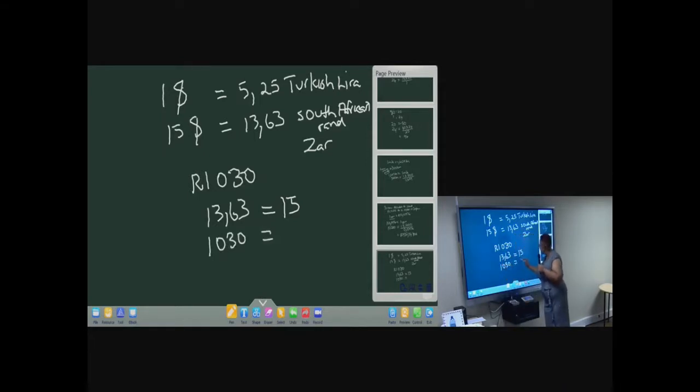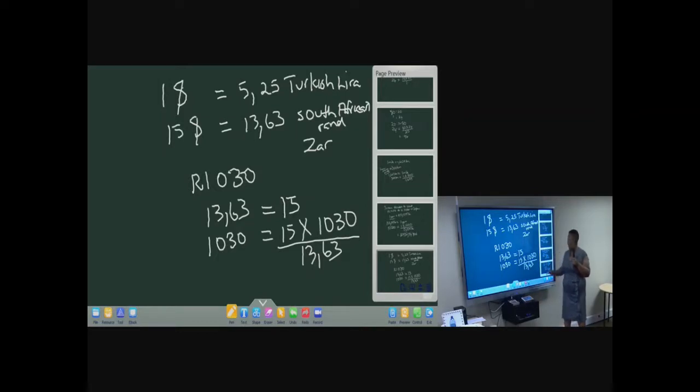You take what is on your right, multiply it by what is at the bottom, and divide it by what is at the top. Always do that. And then how many dollars do you get? How many dollars will it be?